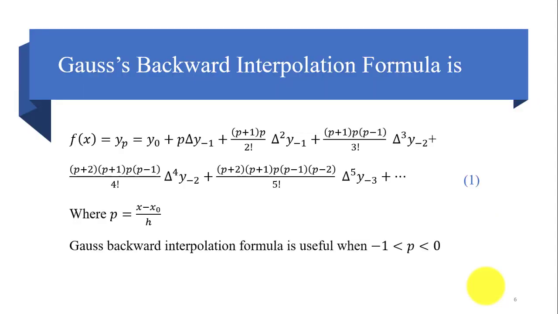So this is the formula for the Gauss's backward interpolation, as you have learned this before in numerical analysis 1. So we mostly try to use this formula when we have p, that is x minus x naught divided by h, greater than minus 1 and less than 0.